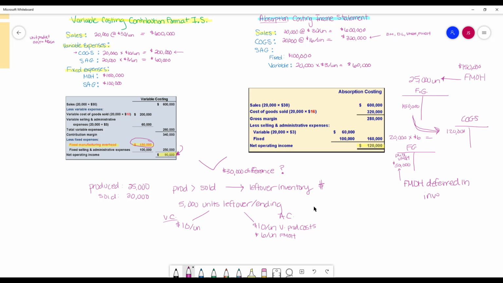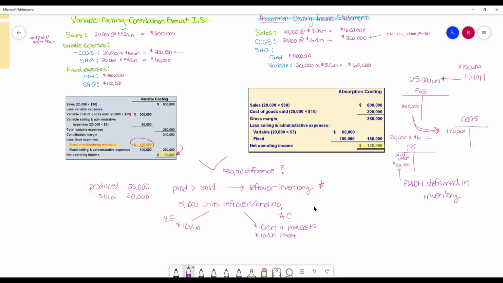in inventory. So it's actually not going to flow through onto the income statement in the period in which it is incurred, that $30,000, because remember, the $150,000 overall was attached to those 25,000 units we made. And since we only sold 20,000 of those units, only 20,000 units times $6 is the amount of fixed overhead that was actually taken out of inventory and flowed through to cost of goods sold.